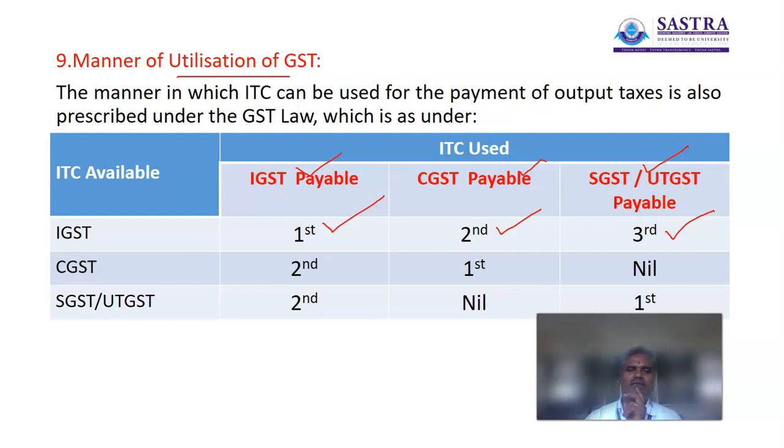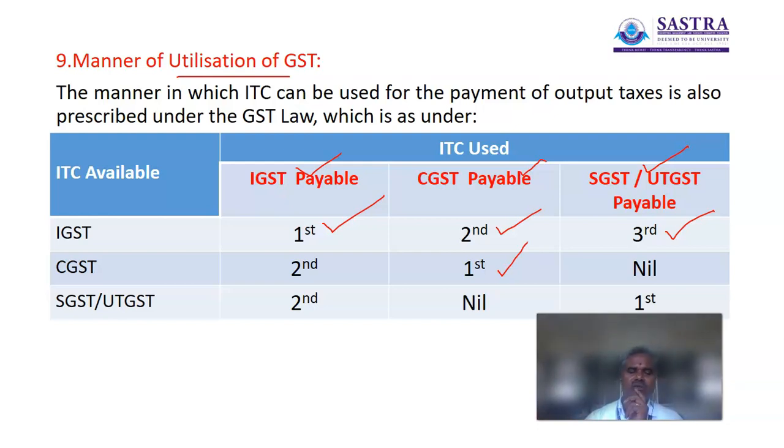Then for the adjustment of CGST, what is your actual CGST payable? You see the ITC available for CGST. You adjust that first. Whatever head you have ITC in, it should be adjusted against the same head first. After adjusting the same head, if balance is available, it will be utilized for adjustment of IGST only, not SGST.